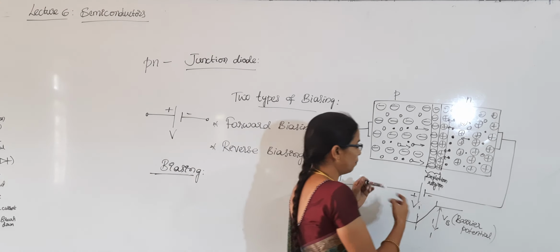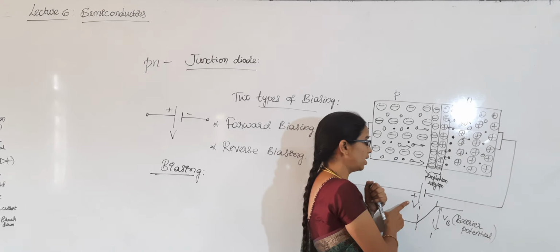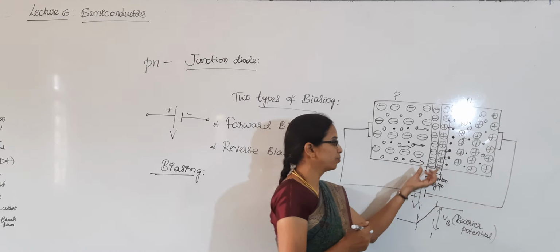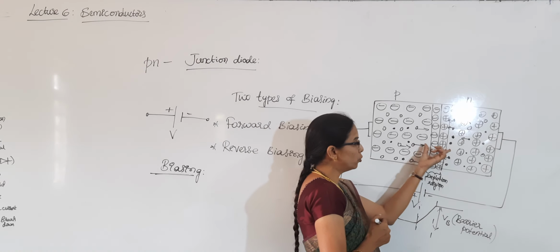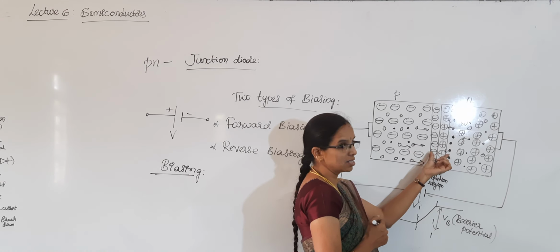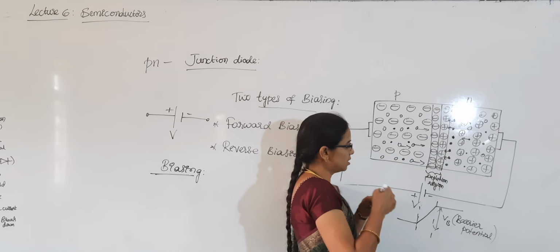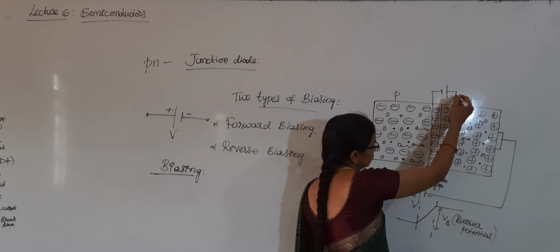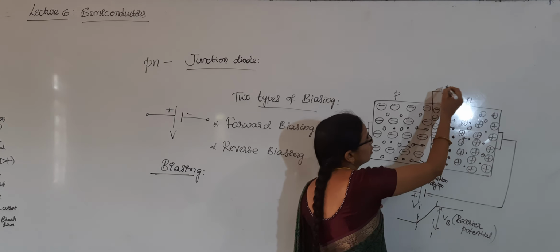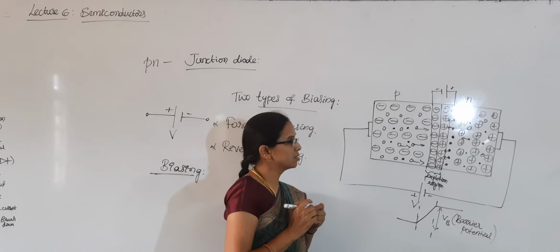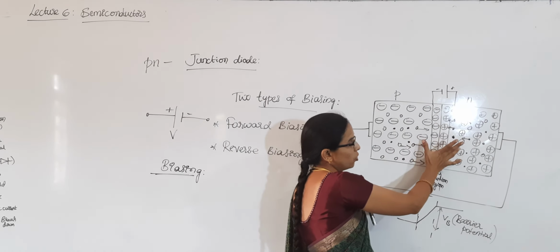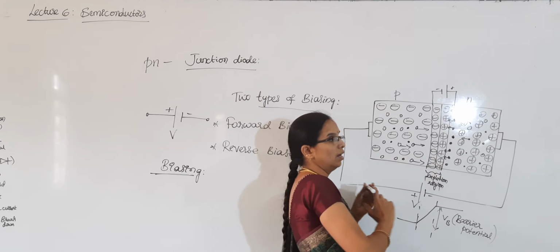So once the applied external voltage is more than the potential barrier, they can move towards the junction, but they cannot cross the junction because a potential barrier exists. Because of this potential barrier they cannot cross the junction.